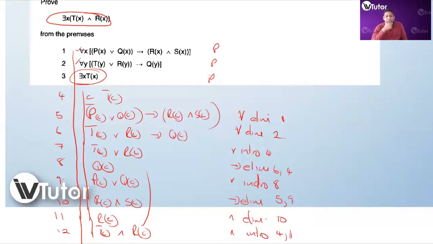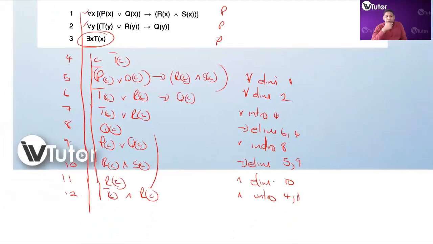And then we have there exists X, TX and RX. Now that's existential introduction on number 12.